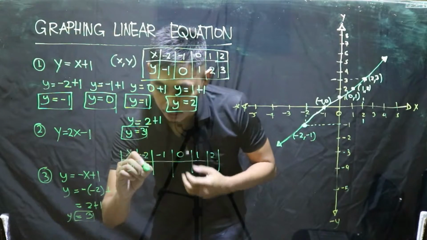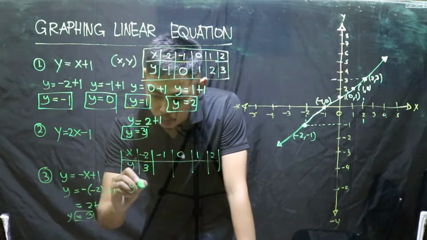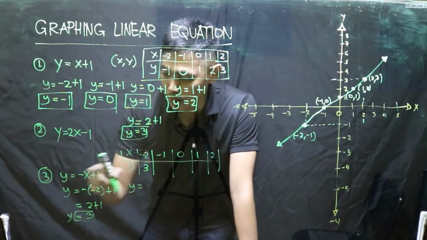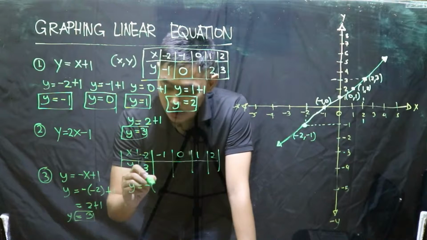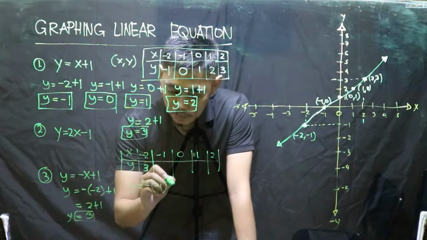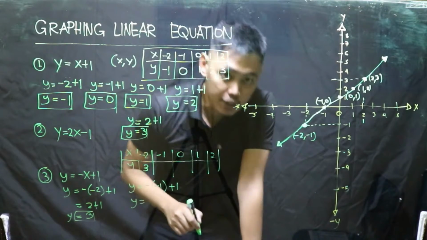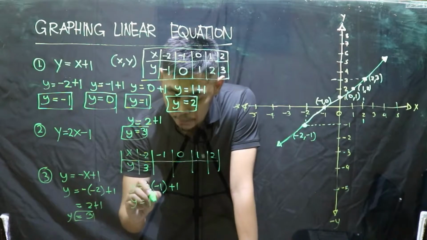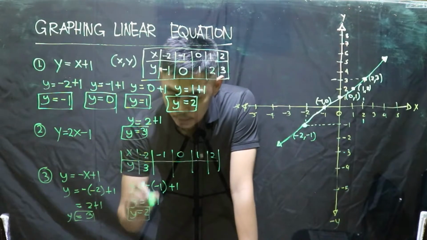So we will write y 3 here. Next, x is equal to -1. So we'll say -1 plus 1. So negative and negative is positive. So 1 plus 1, y is equal to 2.